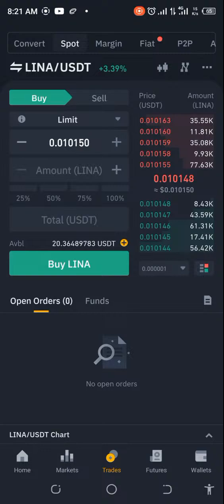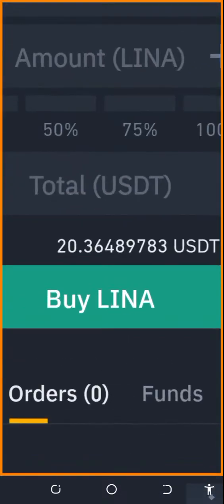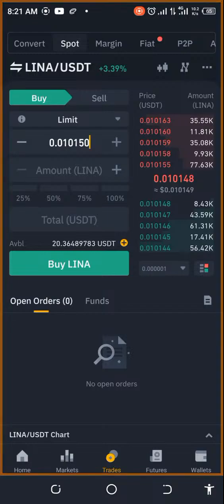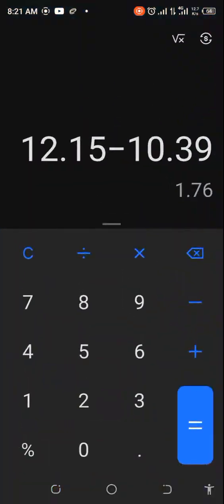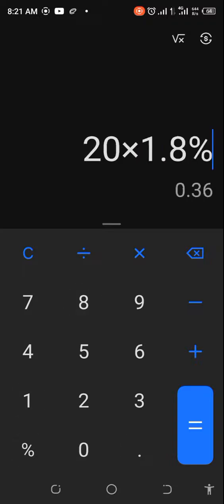So let's go see how much we made and the profit percentage. So that's 36 cents. Let us see. That's 20 times, I think that should be 1.8%. Yeah, that's it. So this is 1.8%.